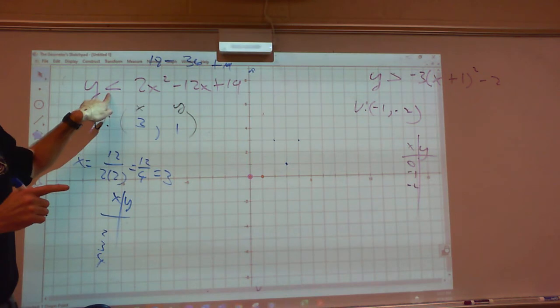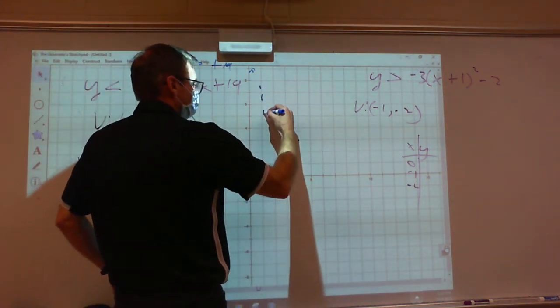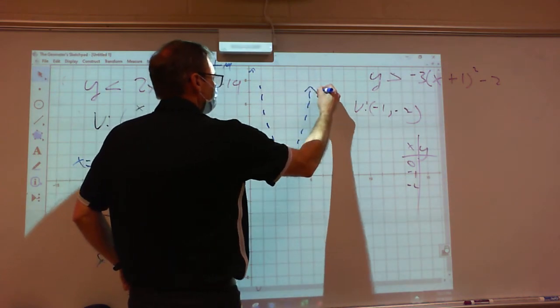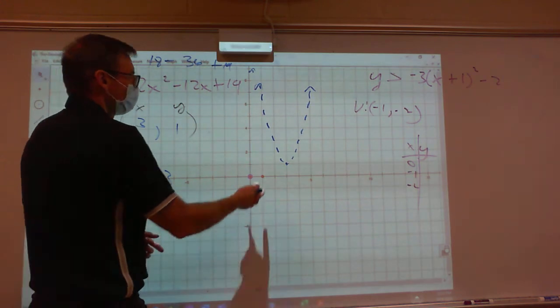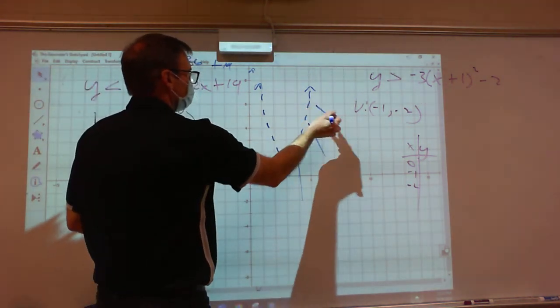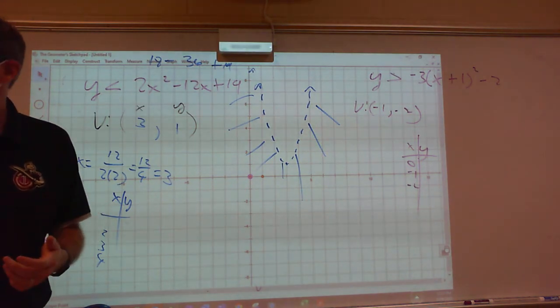It's less than, so I have to draw a dash line. Am I shading up or down? Down, outside. I'm shading down, and so in this case, everything's outside. Does that make sense?